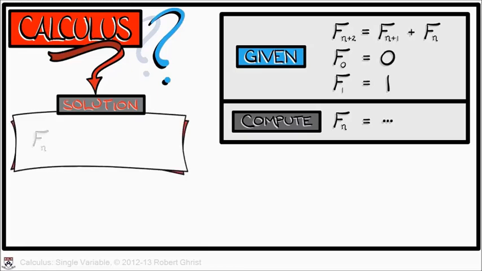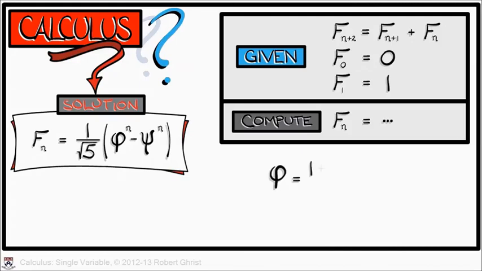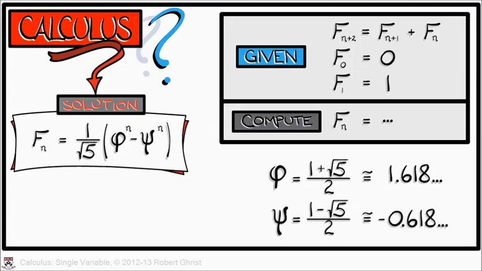The solution that we'll present in a few lectures is that f sub n is exactly equal to 1 over root 5 times quantity phi to the n minus psi to the n, where phi and psi are as computed before, 1 plus root 5 over 2 and 1 minus root 5 over 2.